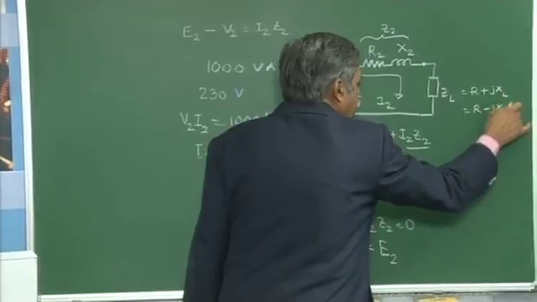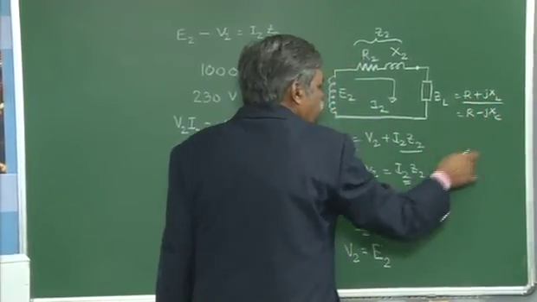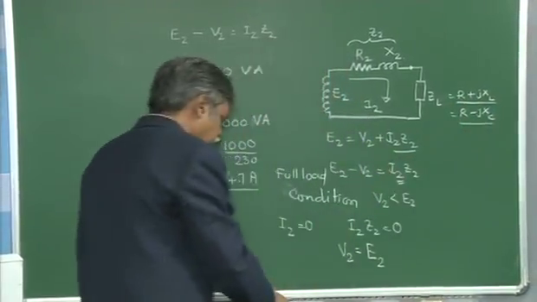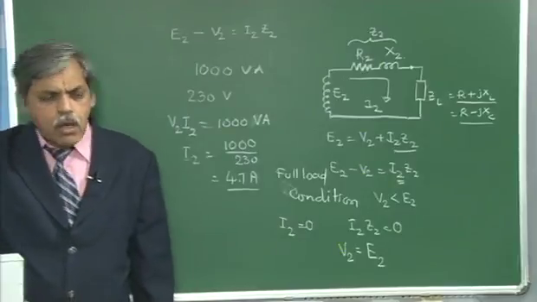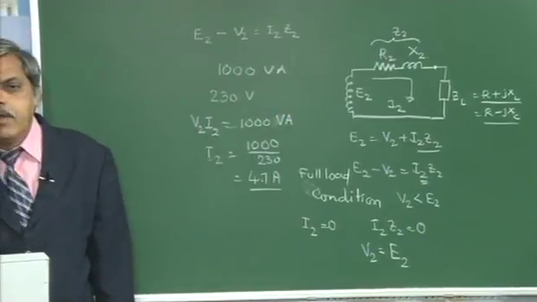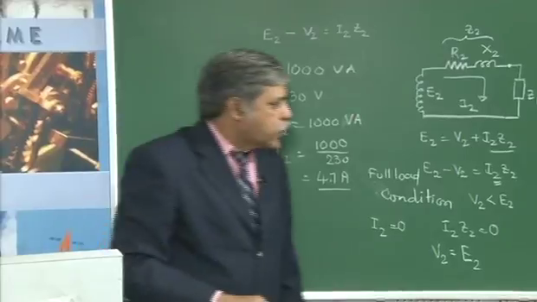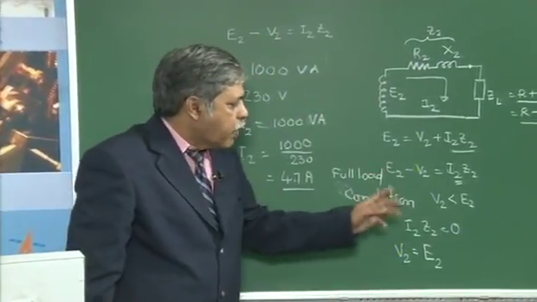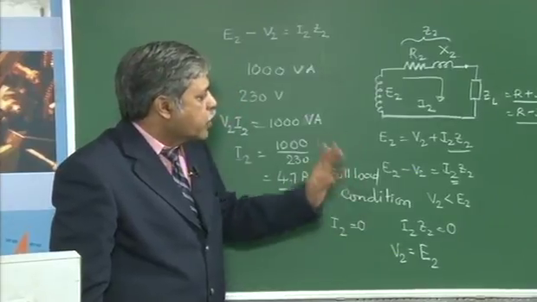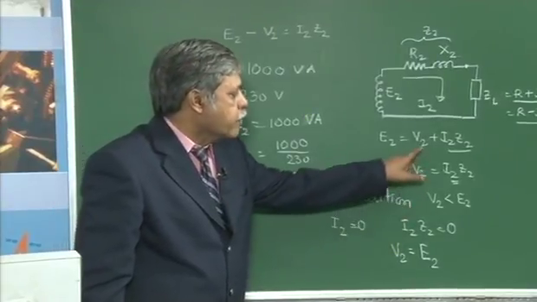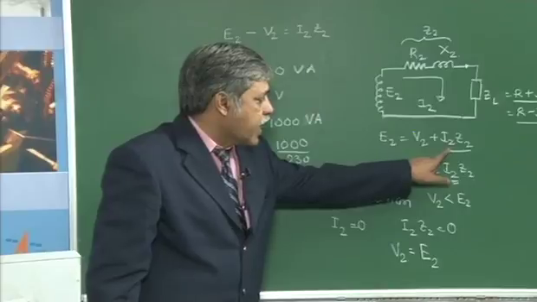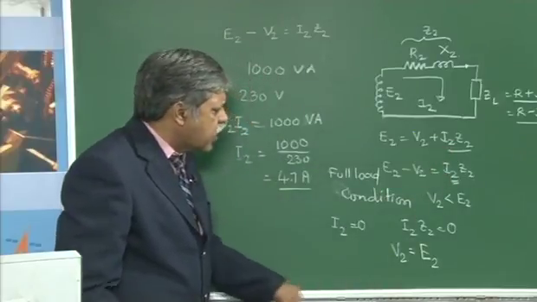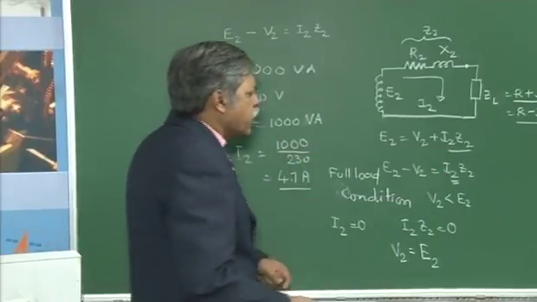When you have R plus jXL, I call it an inductive load, and R minus jXC, I call it a capacitive load. Most of the loads are inductive, and the voltage drop also depends upon the power factor of the load, that is the cosine of the angle between the voltage V2 and the current I2.